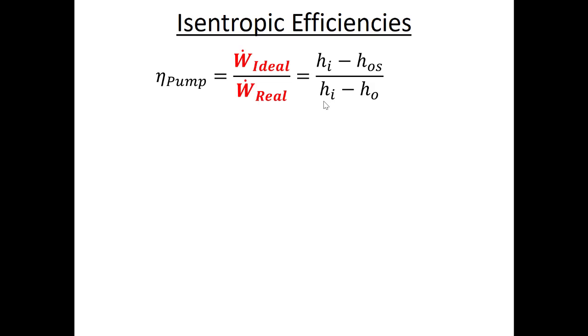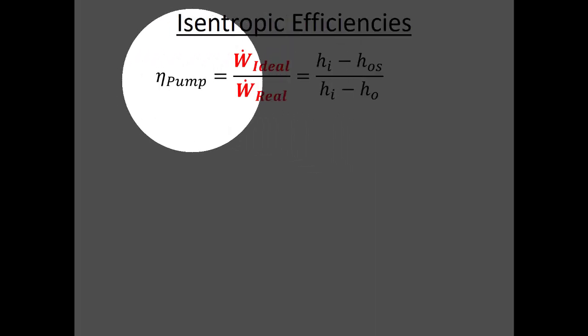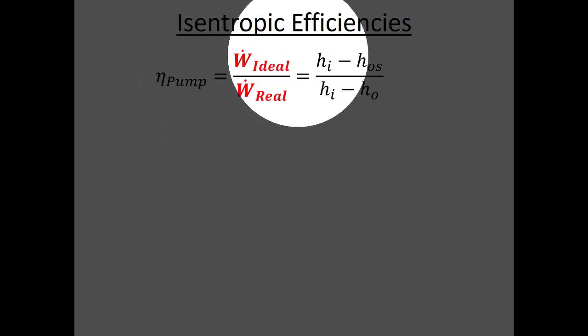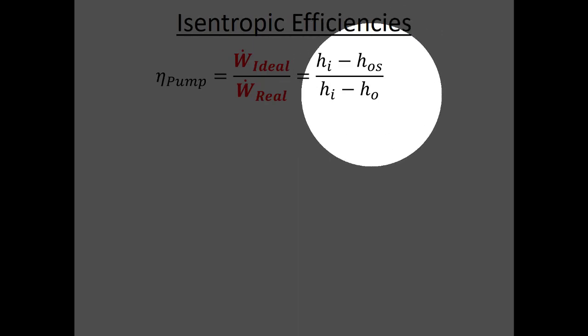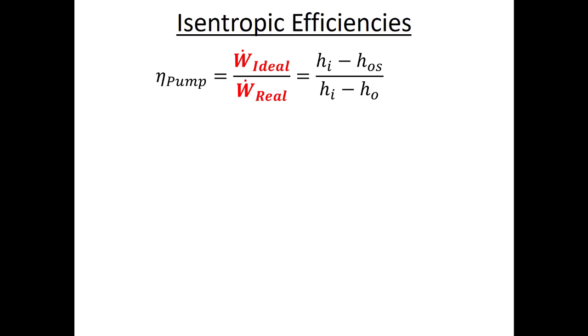It's like everything else is the same except it's got this isentropic outlet. So the m dots drop out. On the bottom, I have H in minus the real outlet. So in this case, I know the isentropic efficiency of the pump. I know H in, it's given to me. I know the isentropic outlet enthalpy, but what I want is the specific enthalpy of the real pump. So this is the thing that I don't know here. I have one equation and one unknown. I have to do a little bit of manipulation here.